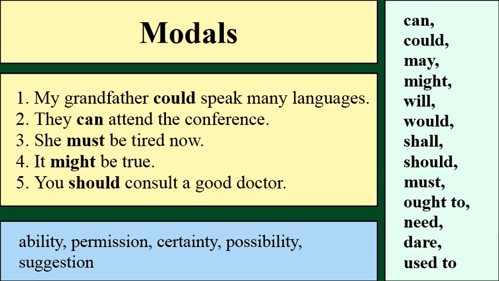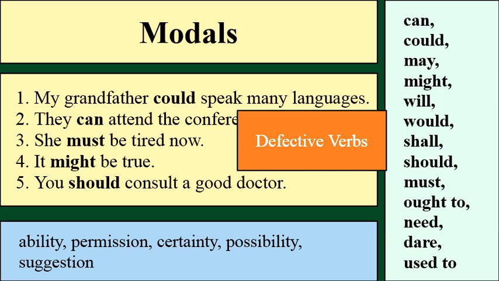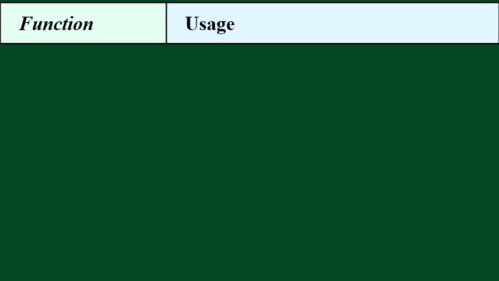They are also known as defective verbs. They have no s in the third person singular. They have no ing and ed forms. Let us now study the function and usage of these different modals.